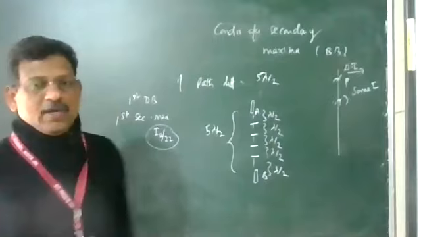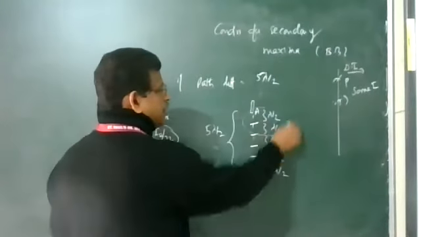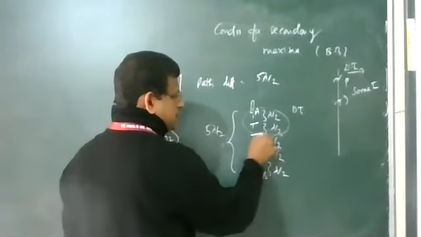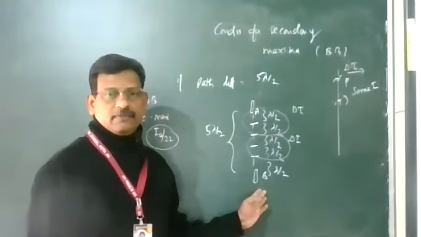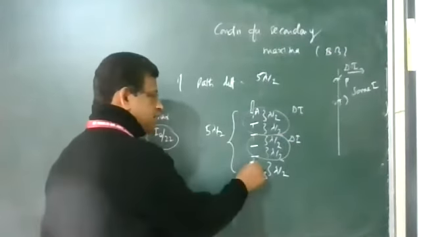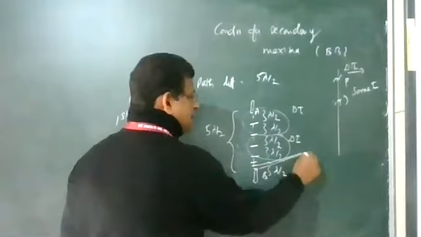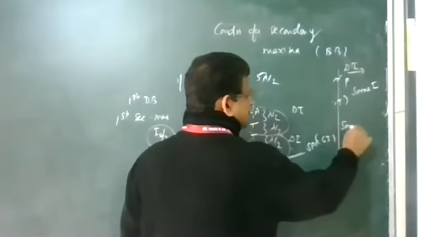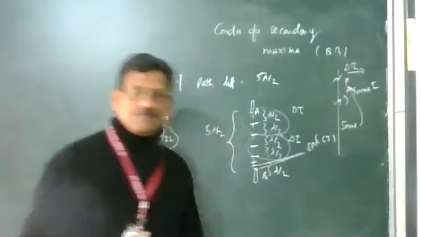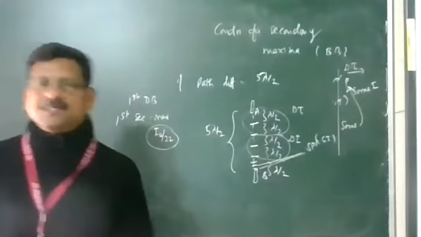So how many pairs will cancel here? The first pair of lambda by 2 destructively interferes. The next pair also destructively interferes, but one part remains, one fifth. Wavelets from it will go here, superpose constructively and produce some intensity at the point P. Again, the intensity will be less than in the previous case.